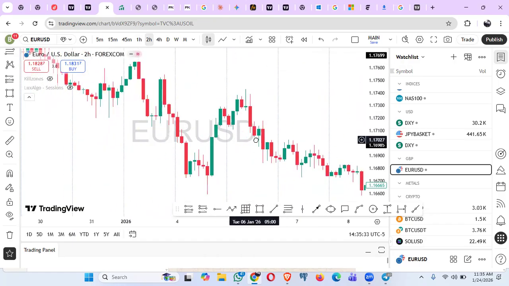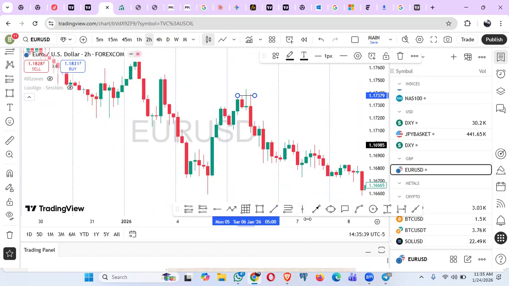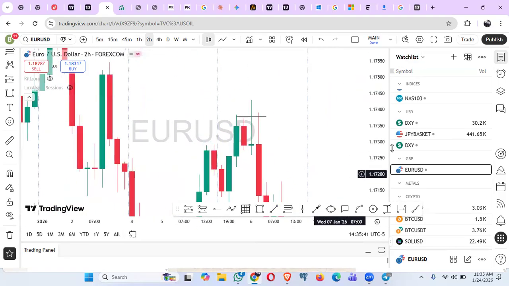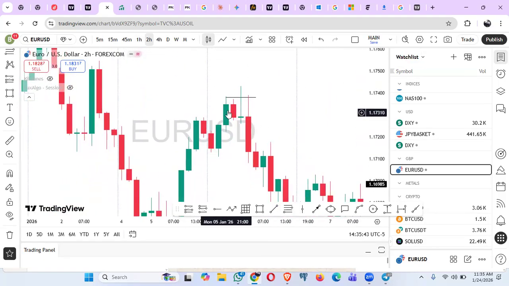If you check this one now, let's say we're on the daily chart. You see your thick candle. This candle closes above this high. So this day, you do nothing until you see this candle closing above.